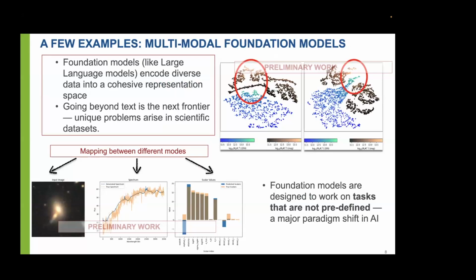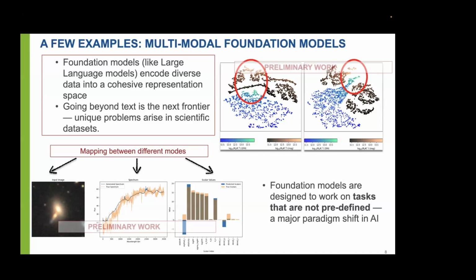There's also a lot of hype about large language models and everything these days. Not sure how much you've learned about it already, but essentially large language models belong to this larger class of something called foundation models. And essentially foundation models are frameworks that do not have a predefined task.